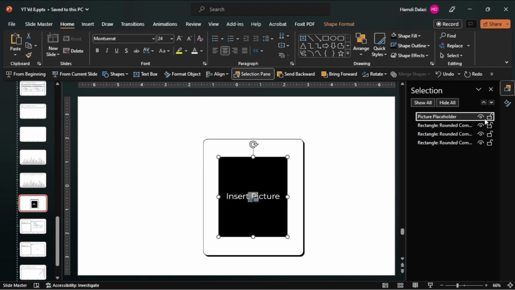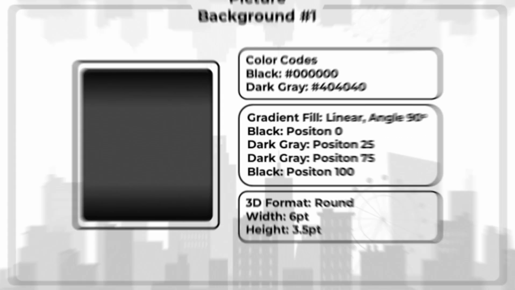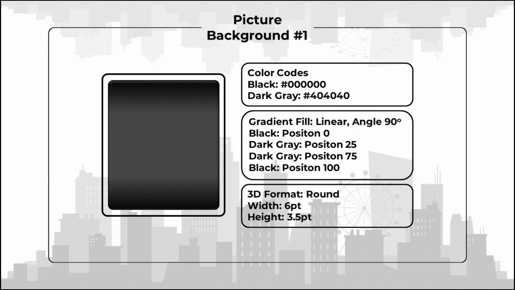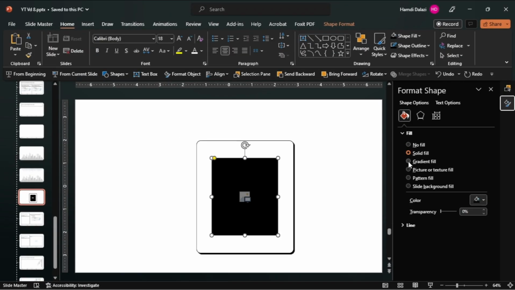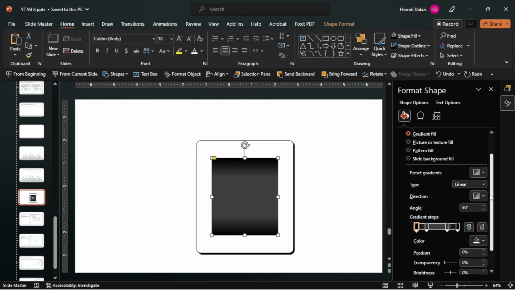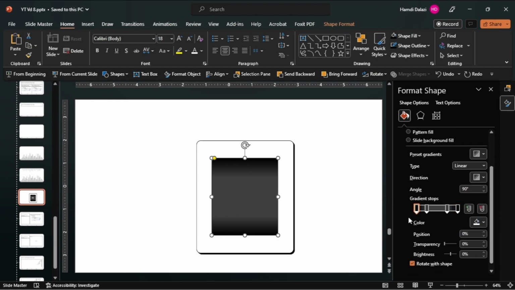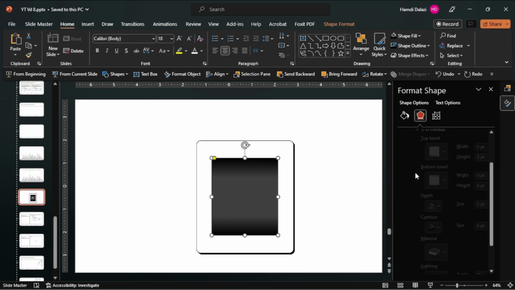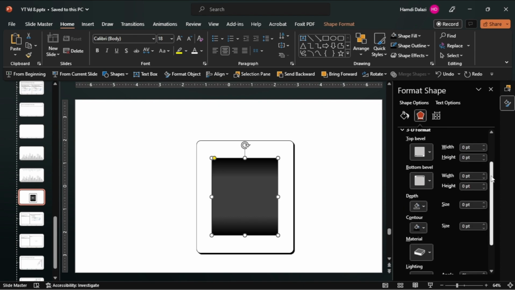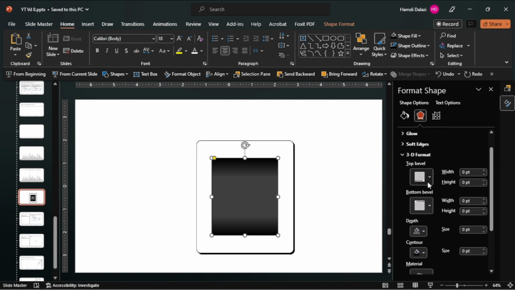Then let's just hide it for now. Then let's click on the second one. Let's insert a gradient fill. PowerPoint already assigned the gradient fill. So let's insert a bevel 3D effect.